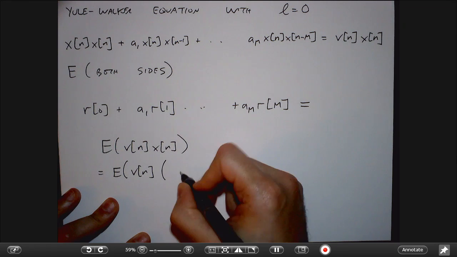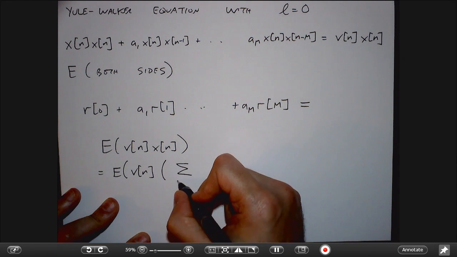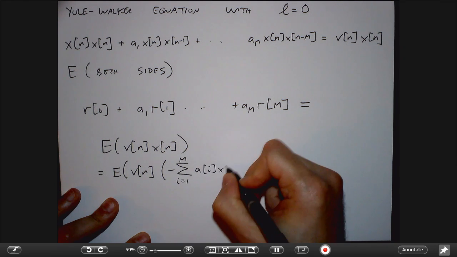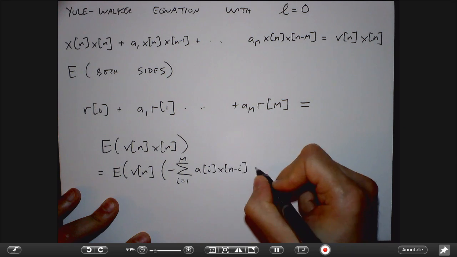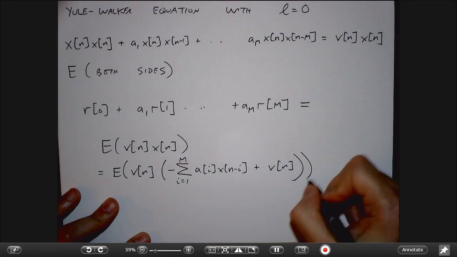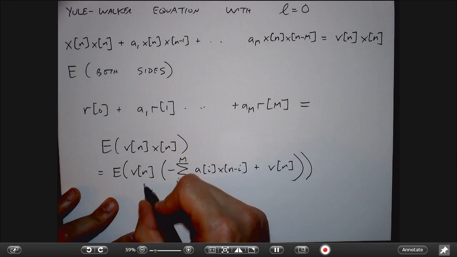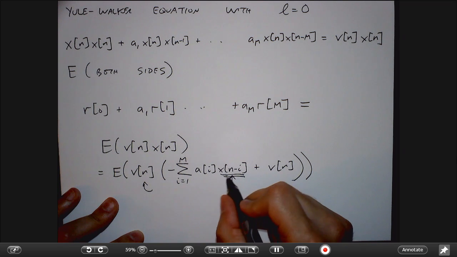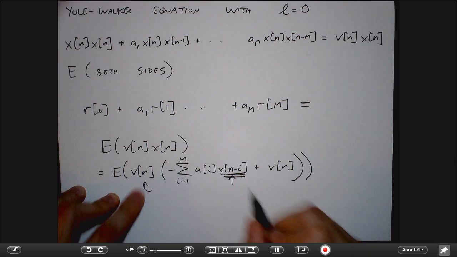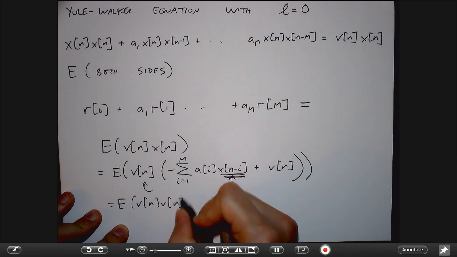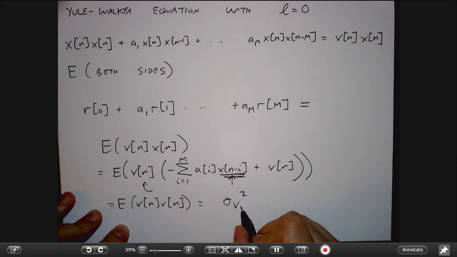X was defined as the sum of a bunch of previous x's plus the current value of the noise, right? And so, by the same reasoning as before, this v of n is independent of all of these previous values of x, because the only randomness comes from the previous values of the noise, which are not related to this guy. So this is simply what I defined as the variance of the noise.